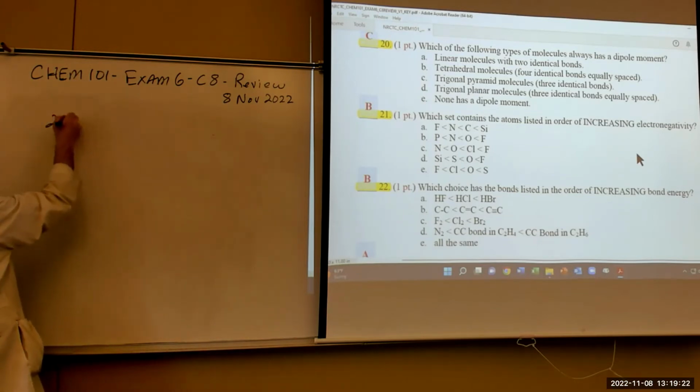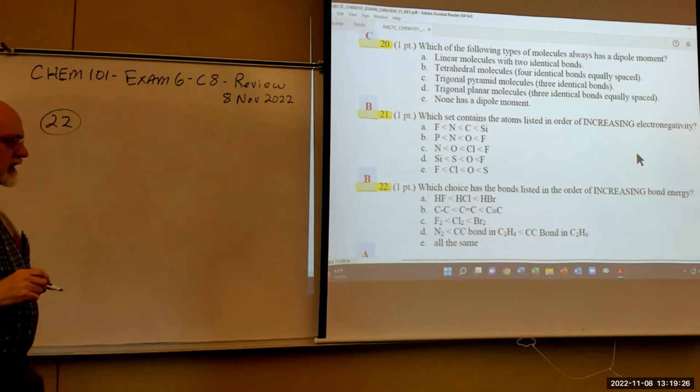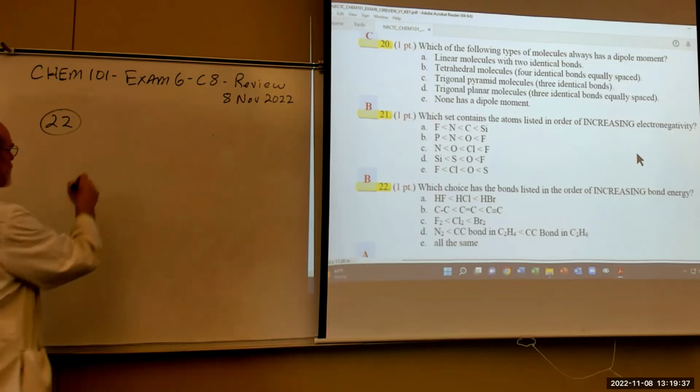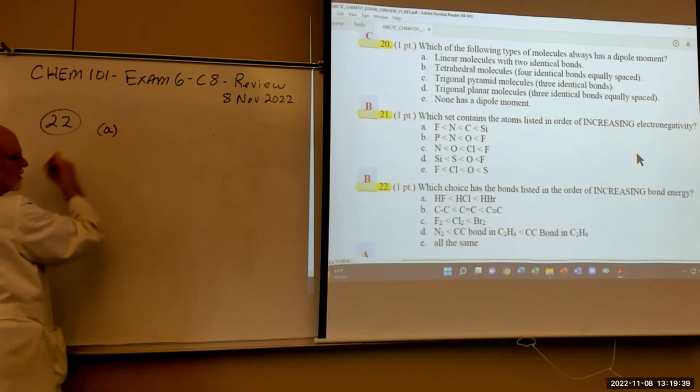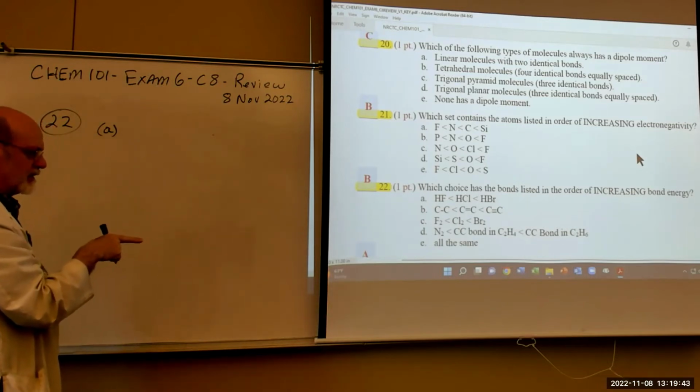(22) Which choice has the bonds listed in the order of increasing bond energy? Okay. E says all the same.